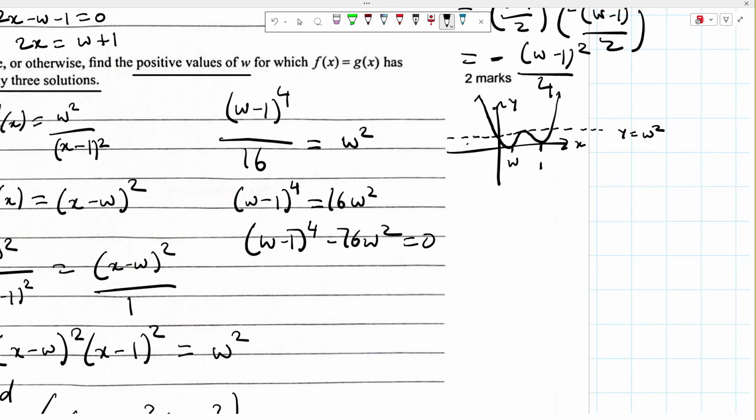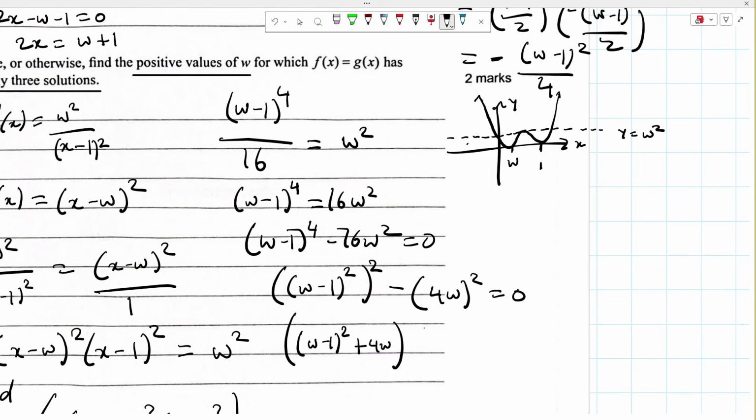If you haven't noticed already, it's another difference of squares. w minus 1 to the 4 is the same as w minus 1 squared, squared again, minus 4w squared. So that's a plus b, so w minus 1 squared plus 4w, times a minus b, w minus 1 squared minus 4w, is equal to 0.